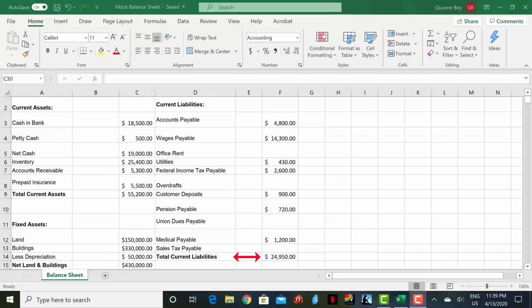Let's see if total liabilities and owner's equity are the same. We will begin by calculating the total current liabilities. In cell F14, we will insert the formula equals F3 plus F4 plus F5 plus F6 plus F7 plus F8 plus F9 plus F10 plus F11 plus F12 plus F13.